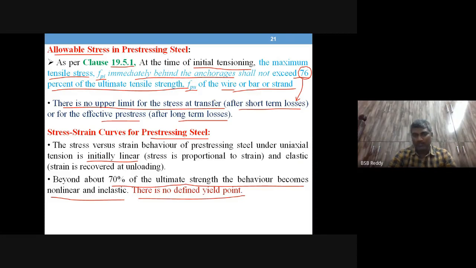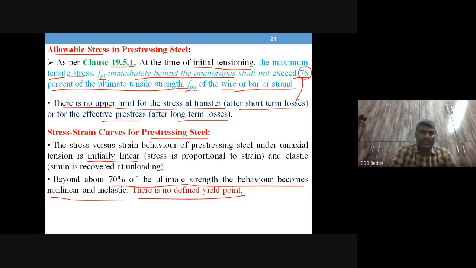There are a variety of losses that we will talk about. Because of that, naturally the stress will come down. So once you maintain that 76%, it is not going to be more than that anyhow in any of the stages. So that's why there is no limit given even at the transfer or at service.